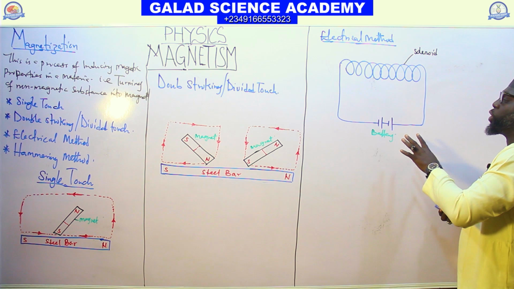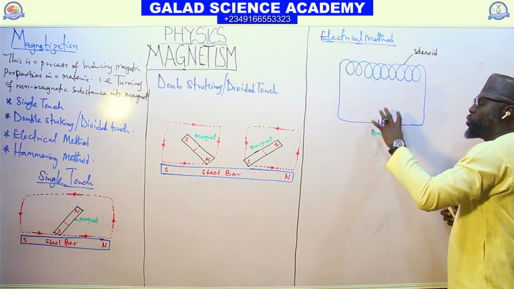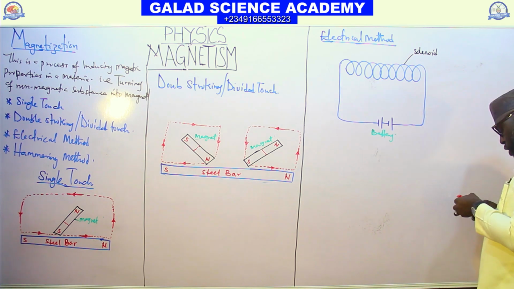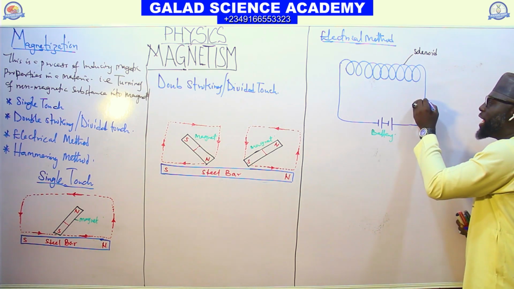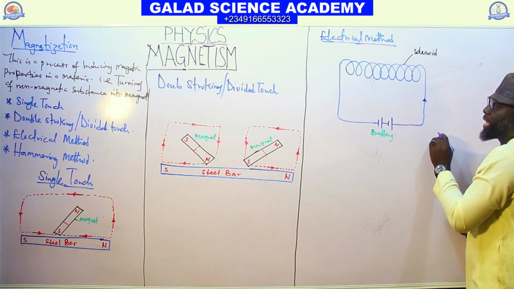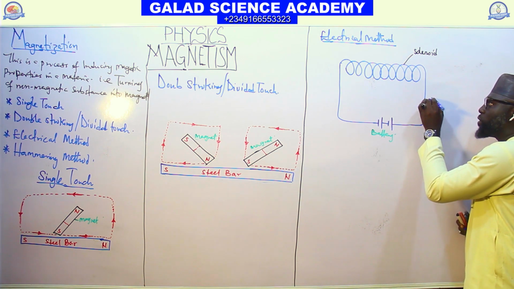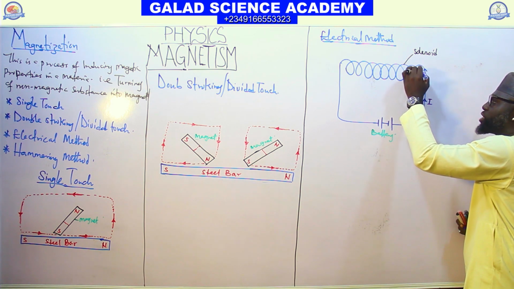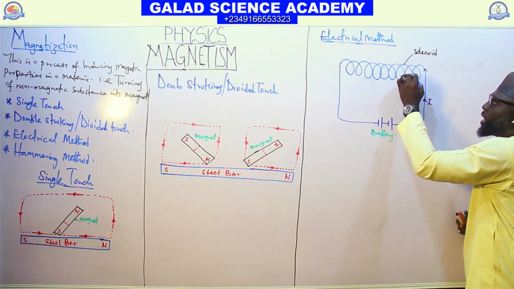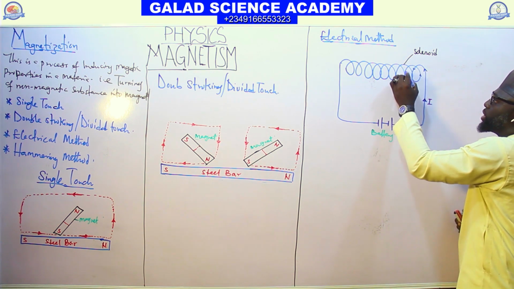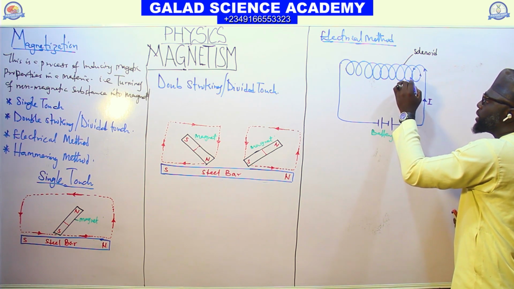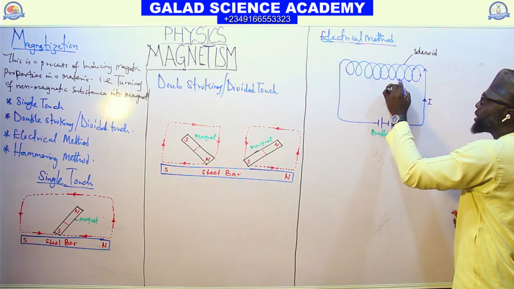So if we connect this wire to a battery, the current will flow here. This is the direction of the current. It will flow along this direction. It will go up like this. This is the direction of the current.